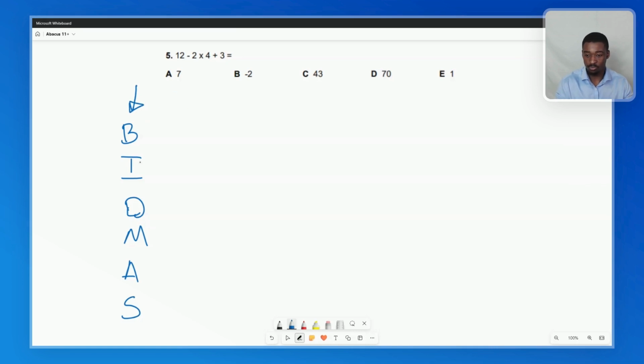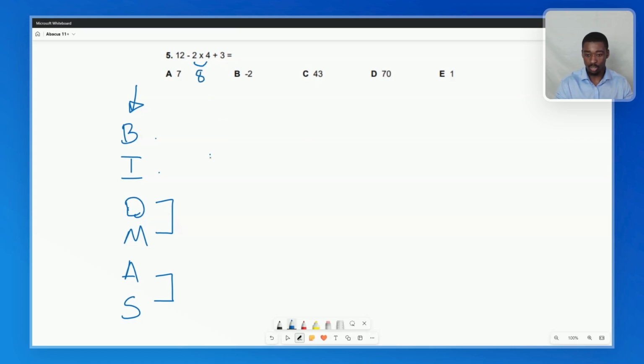So because we have BIDMAS and we know that it's brackets, indices, division and multiplication, addition and subtraction on the same level, we know that multiplication is what we should start with. And therefore we start by doing 2 times 4. And this 2 times 4 gives us 8.